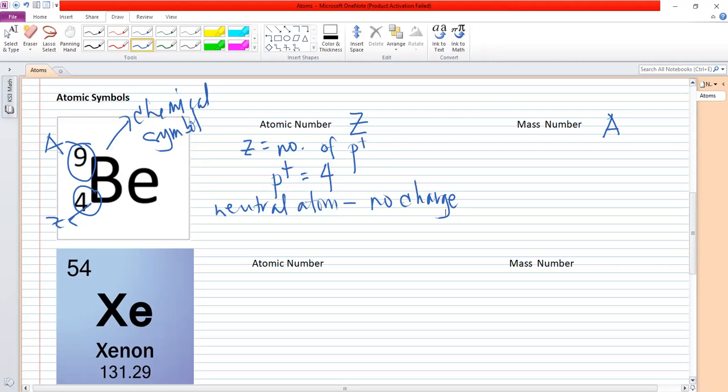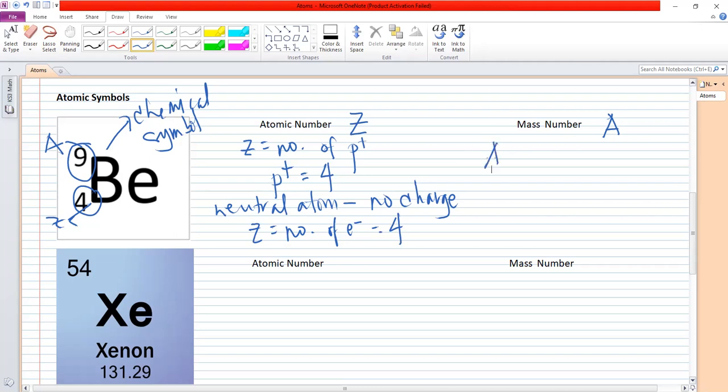So when we say neutral, the charge is 0. So we can say now that Z is also equal to the number of electrons. In this case, the number of electrons is equal to 4.